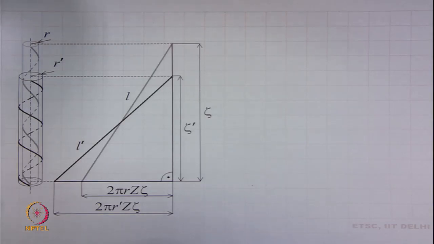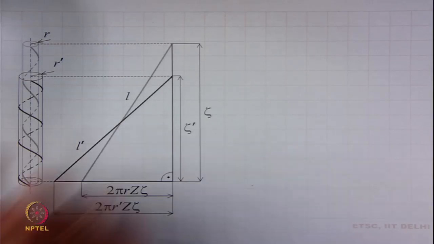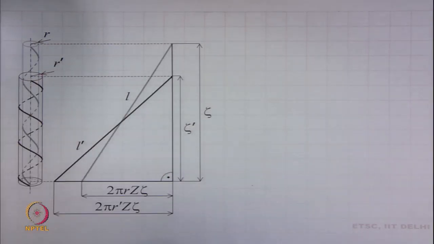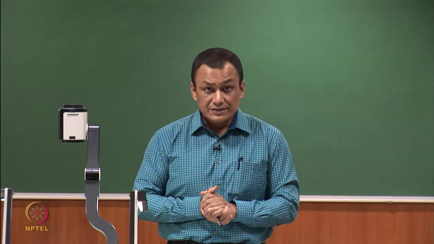The second cylinder is shortened in length, but looks bigger in diameter; its radius is r prime. So, r is the initial radius and r prime is the final radius after washing and drying, that is, of the shrunk yarn.